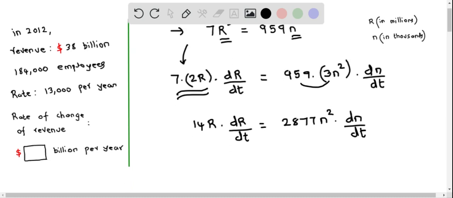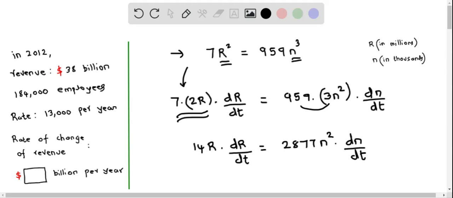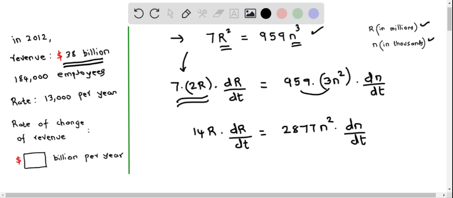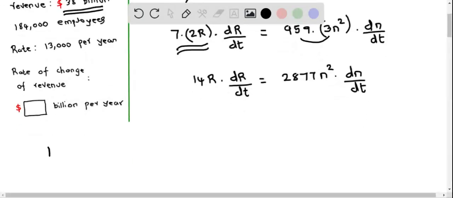We should be a little bit careful about the units, because as far as this relationship is concerned, R is given in millions and N is given in thousands. So when we use the given information, we should convert R to millions. It is given that in 2012 the revenue is 38 billion. So let's convert the 38 billion to millions.